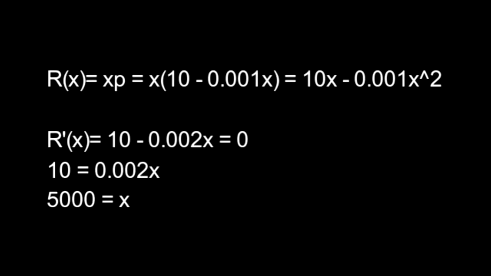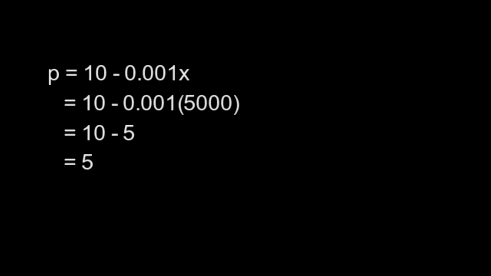Further, solving for the value of x, we get 5,000, which then represents the maximum production yield the company can make. To get the price the company should sell to make maximum revenue, we replace x with 5,000 in the equation, which then gives us a price of 5 pesos per piece. Therefore, balloons should be sold at 5 pesos each to maximize the revenue.